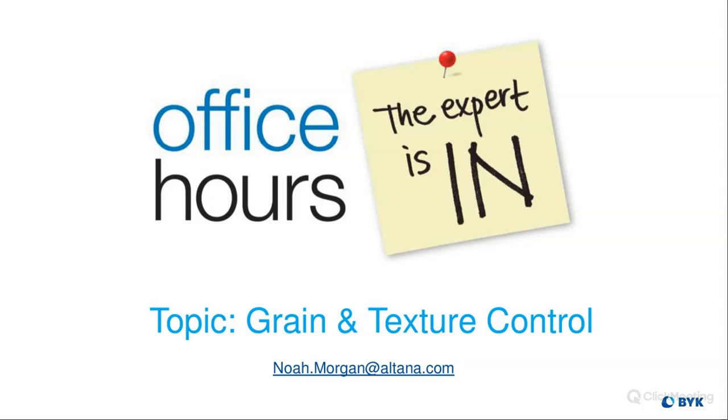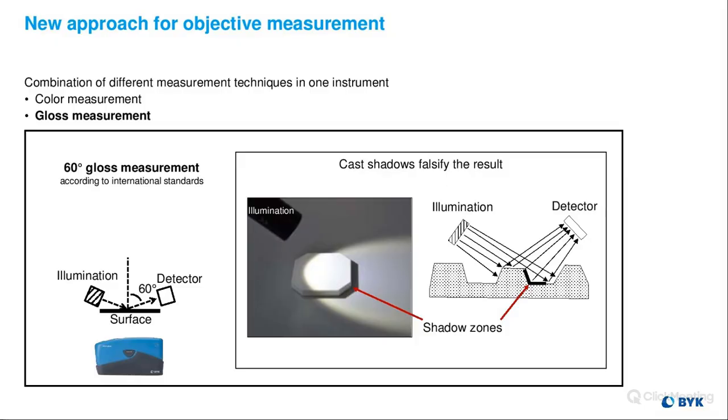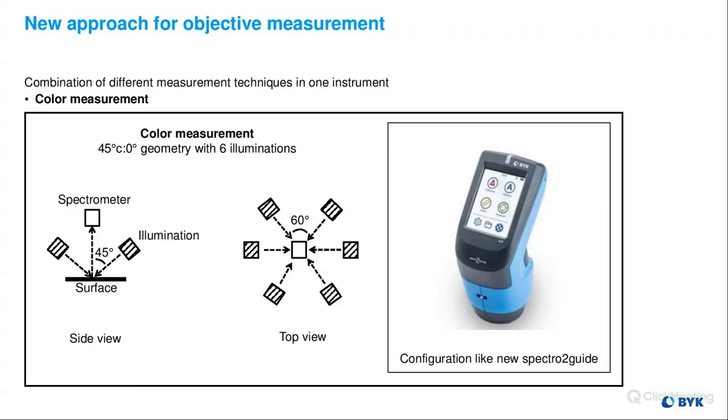What can you go over again, the measurement geometries and the illumination and viewing angles? Specifically around the texture. Okay. So this is the illumination angles for the color measurement. You have your 45-0 geometry with your 6 illumination angles.